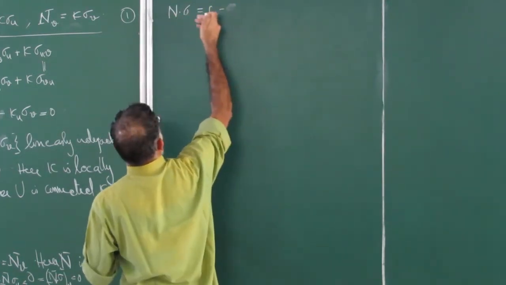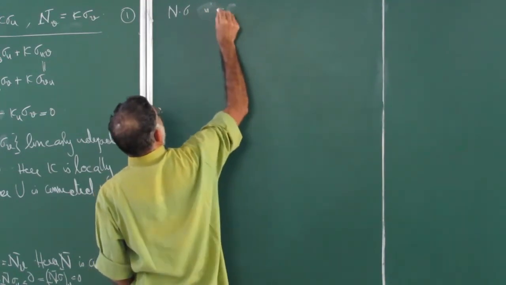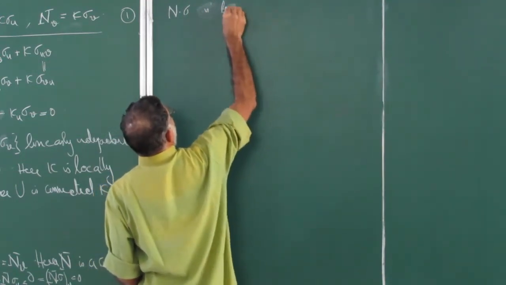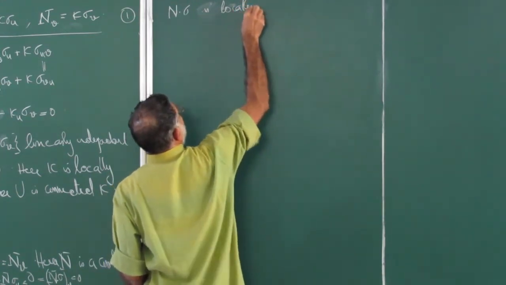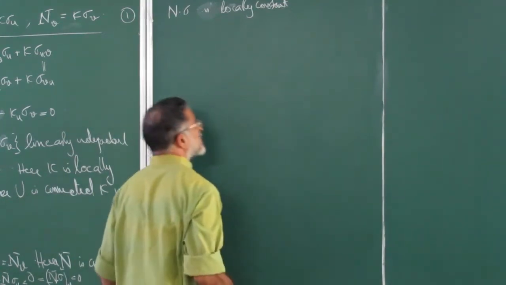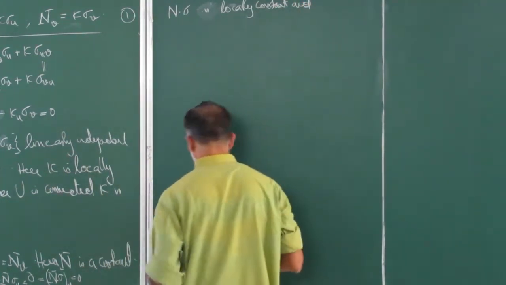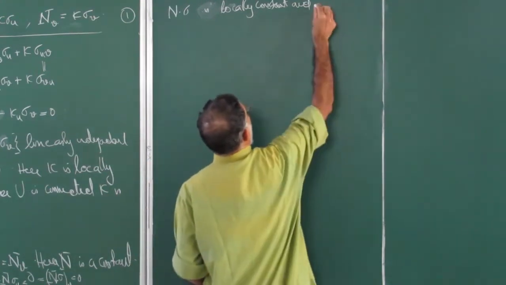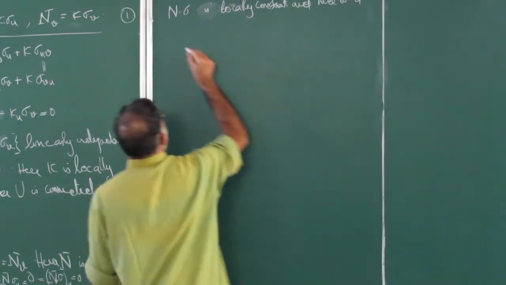Its derivative is 0, so it is locally constant. But then again connectedness says it should be constant on the whole of the domain U, and hence is a constant.